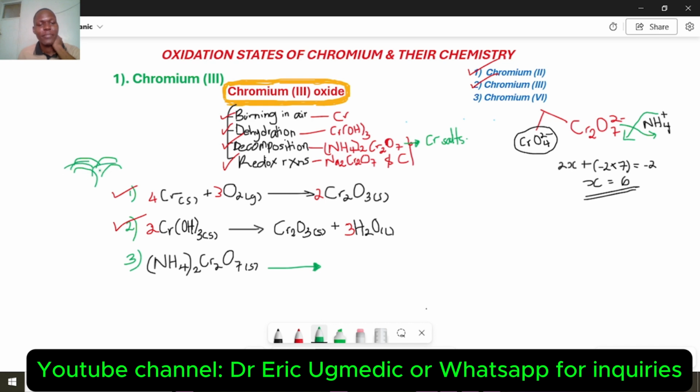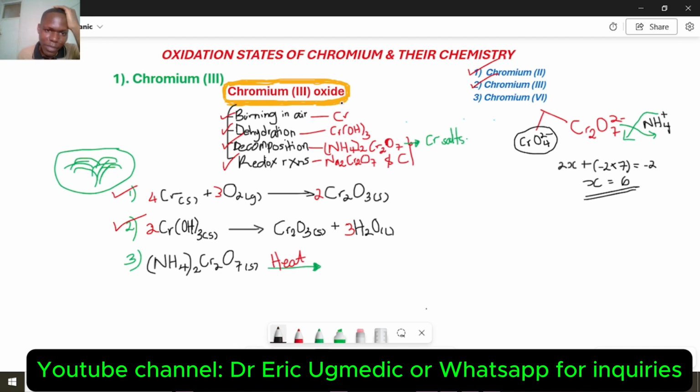You will understand what I mean. Or simply look for this reaction, how it occurs in the lab. Unfortunately, I can't demonstrate it here, but that's not our main point today. So this will be decomposed at a very high temperature. So we can put here heat. And what are we going to form? So this is where I need you to understand.